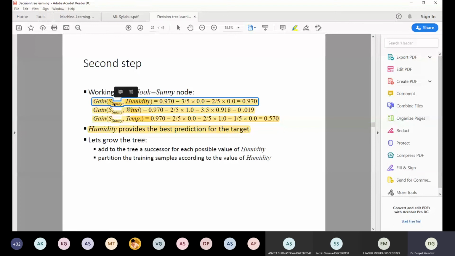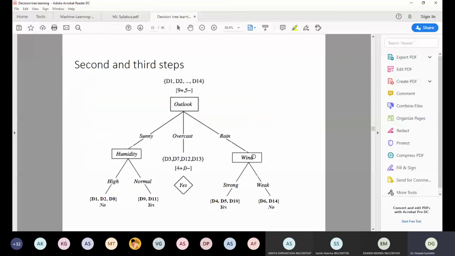If we consider the first set as sunny, let's grow the tree, in which we add to the tree a successor for each possible value of humidity, and partition the training sample according to the value of humidity. So we take the first node as the root node, outlook, and we have considered that this is sunny.